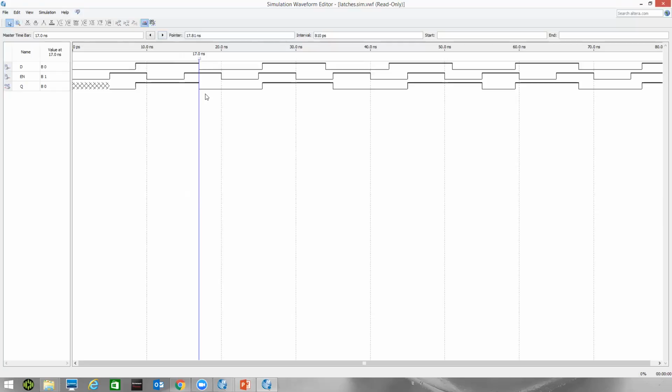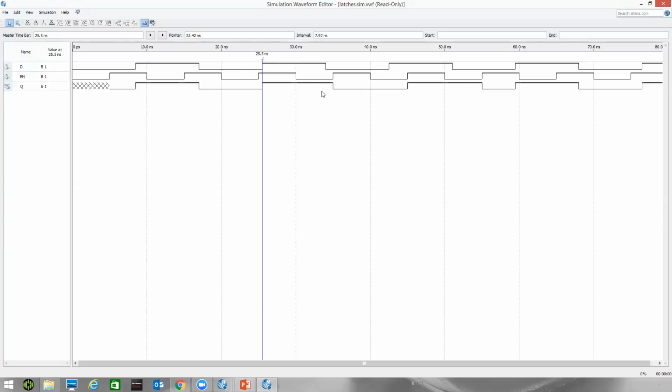D drops back to 0, so our output Q drops back to 0. When the enable level goes back to 0, we hold our state, so Q stays 0 until enable goes high. When enable goes high, D is still a 0, so our output Q is a 0. D goes high at 25.5 nanoseconds, enable's still a 1, so our output becomes a 1.